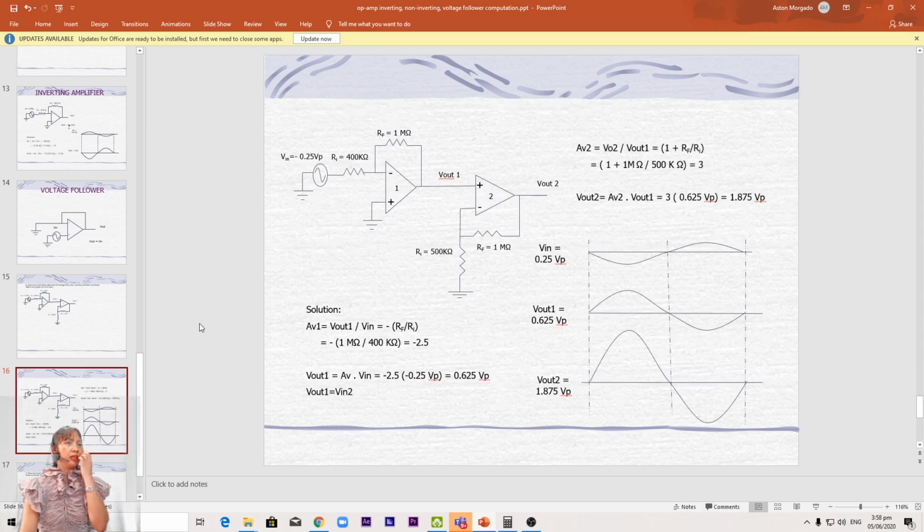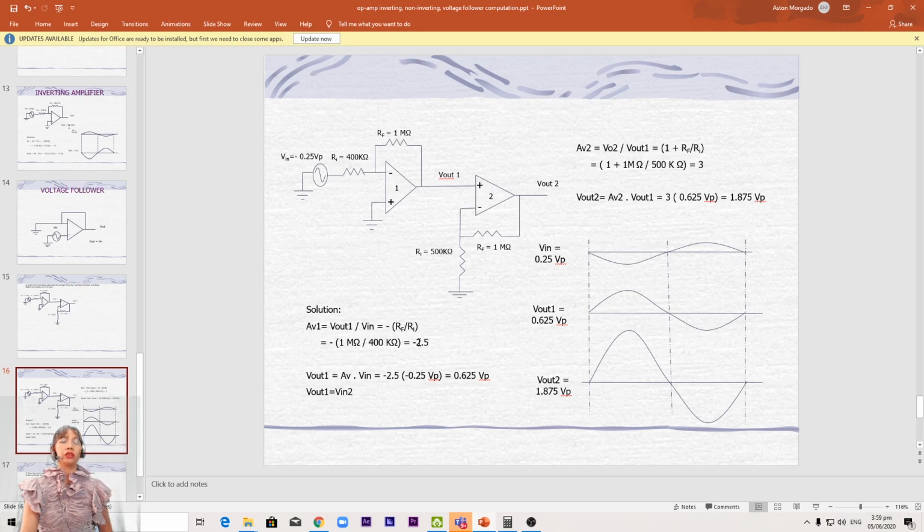So we have here op-amp number 1. So again, it is inverting. So the formula for voltage gain is simply equal to negative RF over RI. So take note, we have an input of negative 0.25 volts peak. So for AV, RF is 1 meg, RI is 400K.